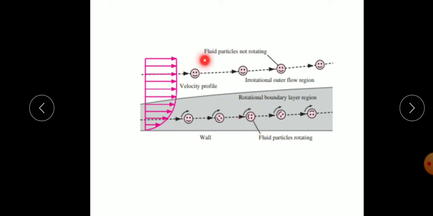But away from the wall the fluid may move in a straight line. The region above this layer is considered irrotational, and the region nearer to the wall or any obstruction is where the fluids are rotating.